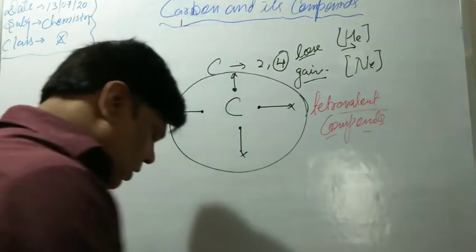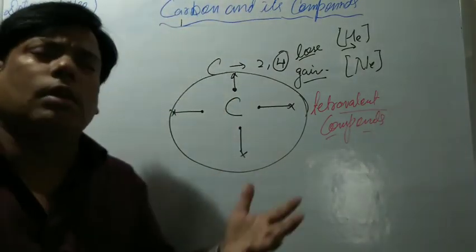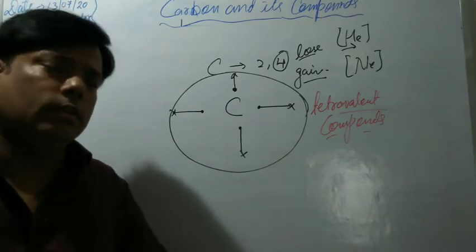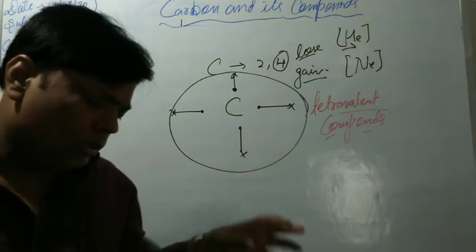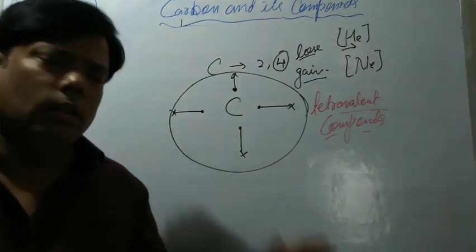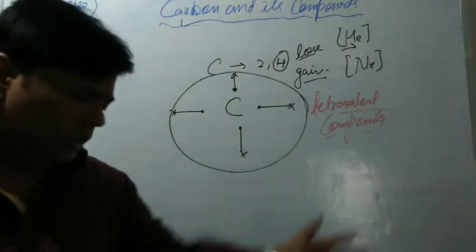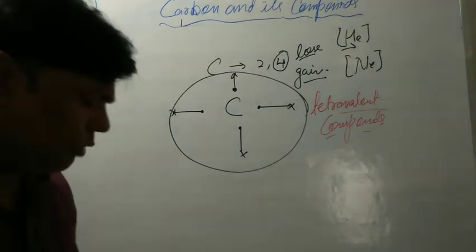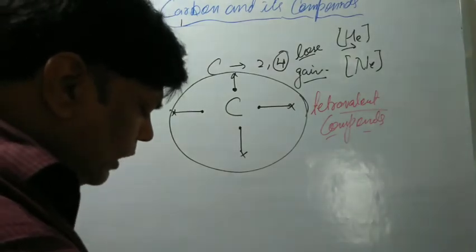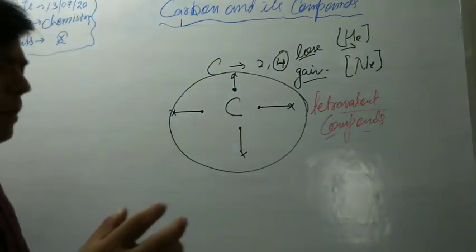So, that is our introduction to carbon. After that, we will study in detail the allotropes and properties of carbon. We know that carbon forms covalent compounds, and covalent compounds have some particular properties.